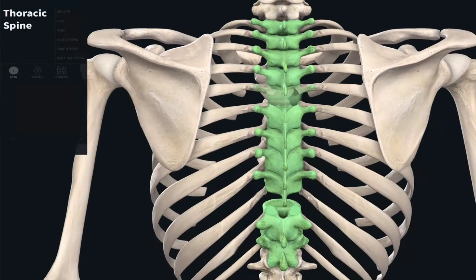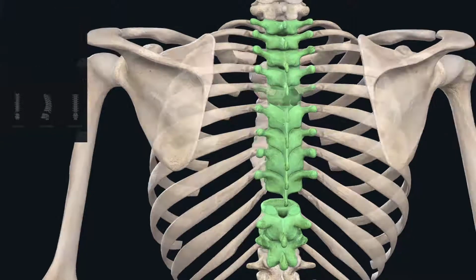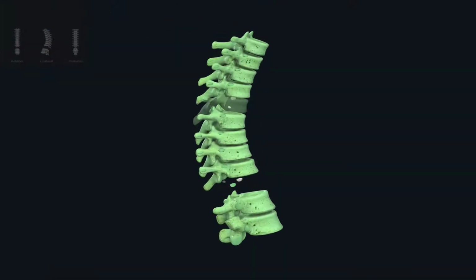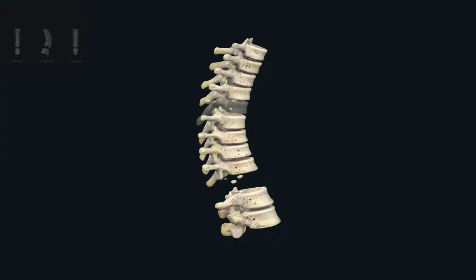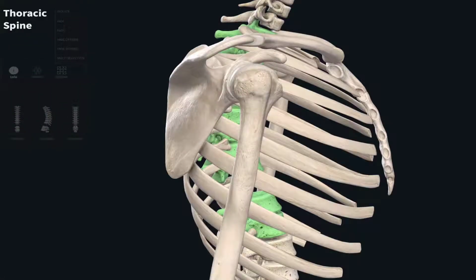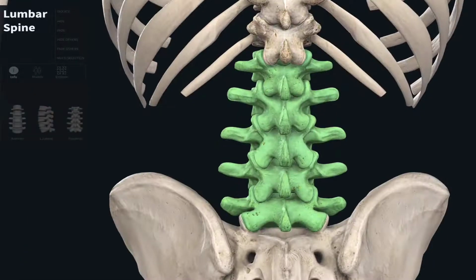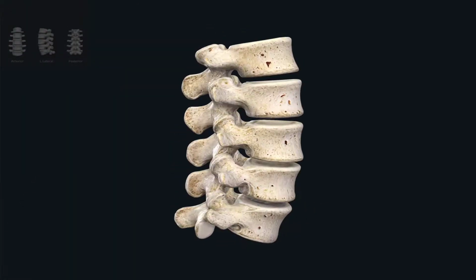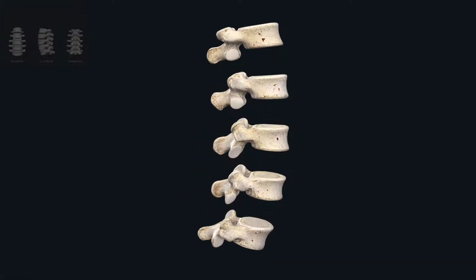The thoracic spine, in a similar fashion, has 12 vertebrae labelled from the cranial through to the caudal end as T1 through to T12. These vertebrae articulate with the ribs. And on to the lumbar spine, where there are 5 vertebrae labelled L1 through to L5.